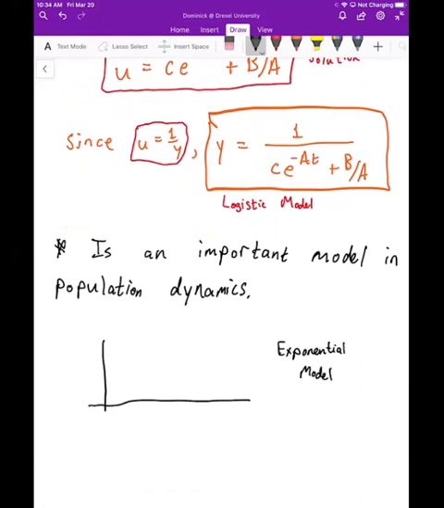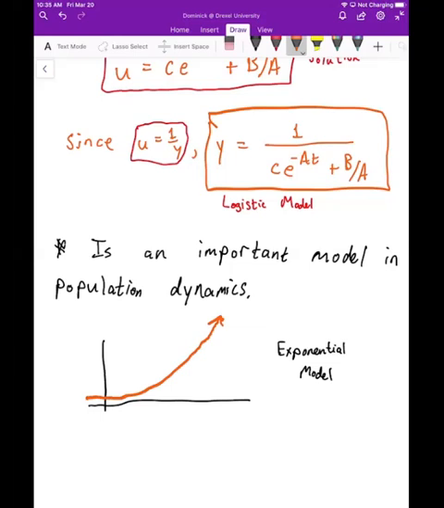But of course, this is only valid for a certain amount of time, because an exponential model is going to look something like this. And then it grows faster and faster without bound. Or if you want to look at a decreasing model, it decreases faster and faster without bound.